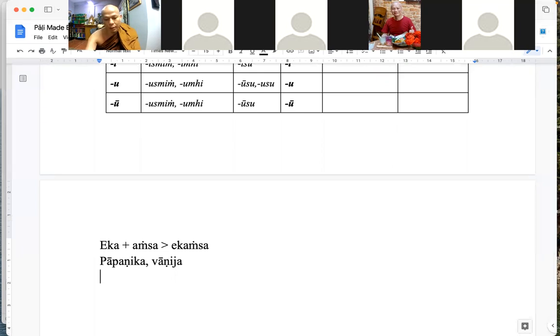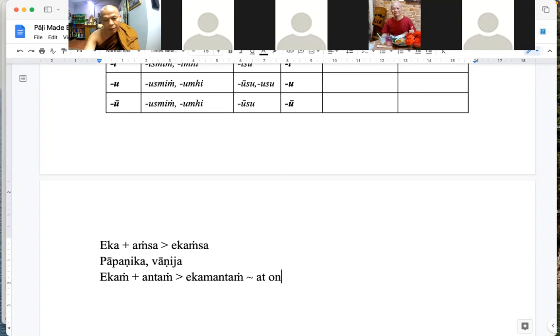So when you read the text, eka mande, ekam and, joining together, eka mande. The meaning is at one side.